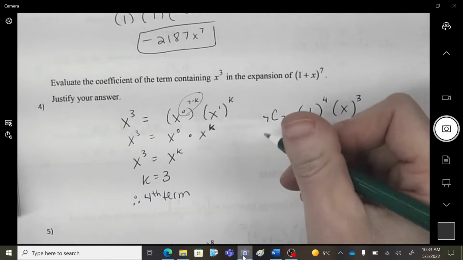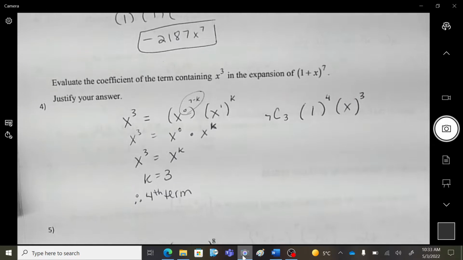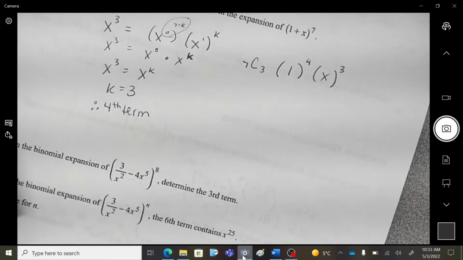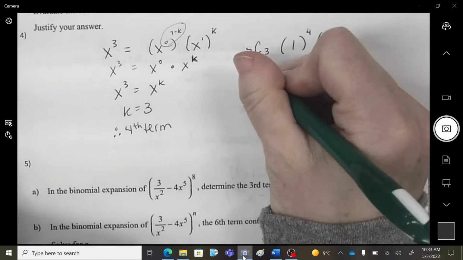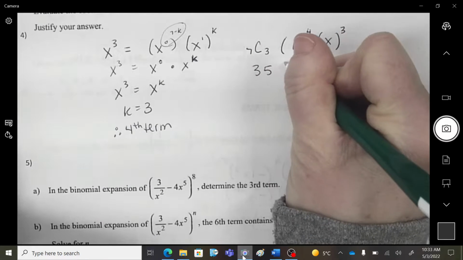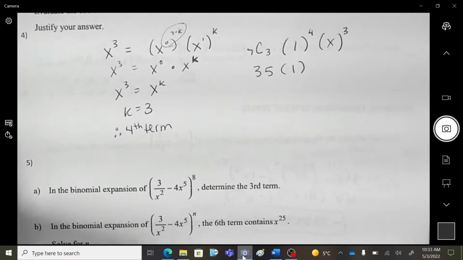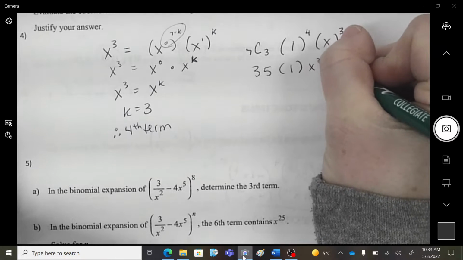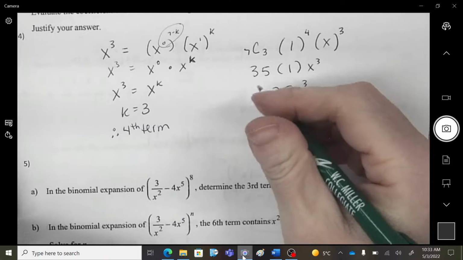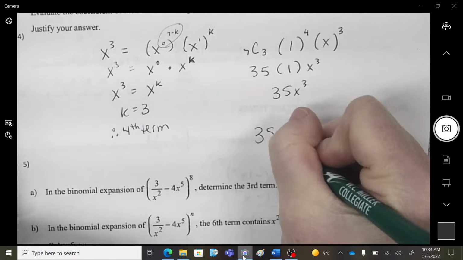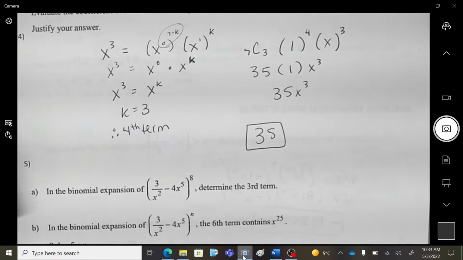So 7 choose 3 in your calculator is 35. 1 to the fourth is still 1, and then x cubed. So 35x cubed ends up being a term, but I just want the coefficient, so 35.